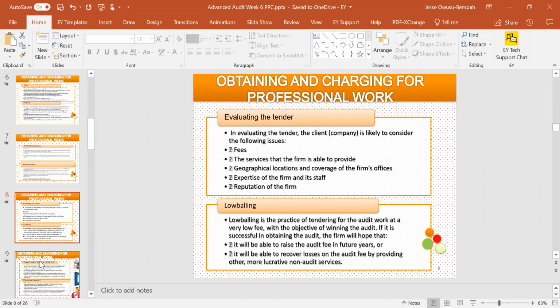They want to know how you came up with that number. So if you came up with that number by, let's say, multiplying 10% of their revenue, which is 1 million, they'll want more explanations on that. That's why a lot of audit firms use the hour method, and the people working on the team.